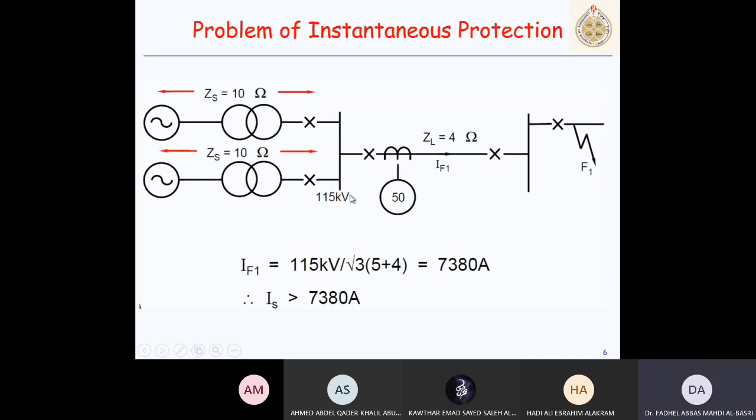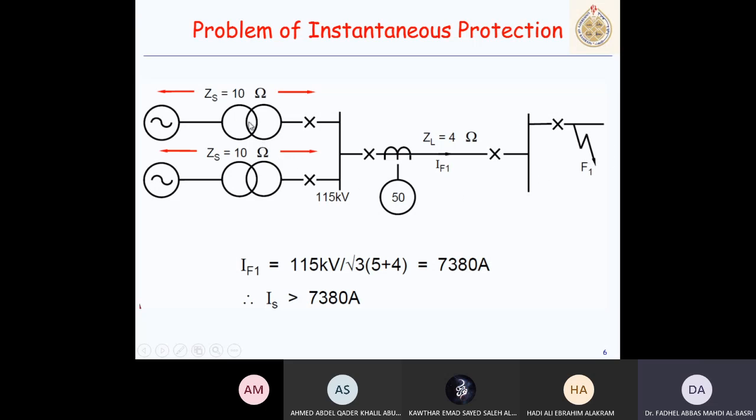Now if I want to calculate the remote fault current, I will find it when these two sources are in service, and when they are out of service.